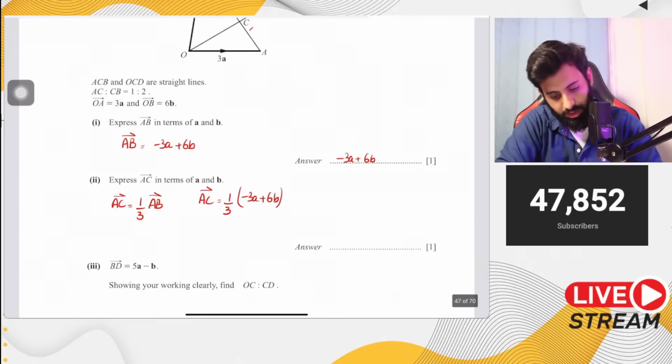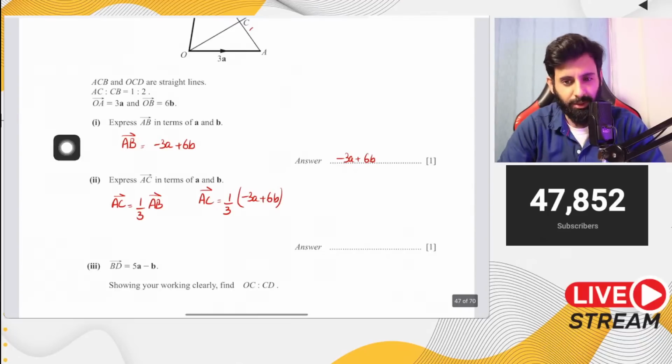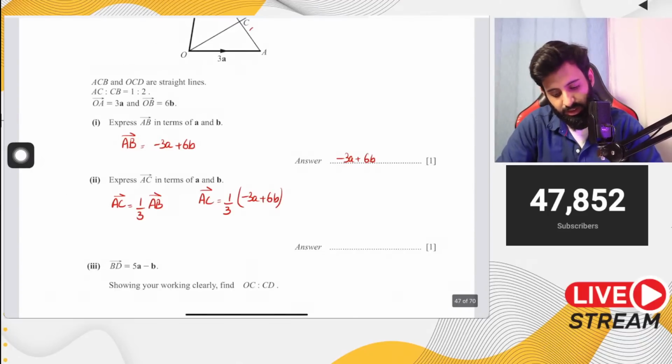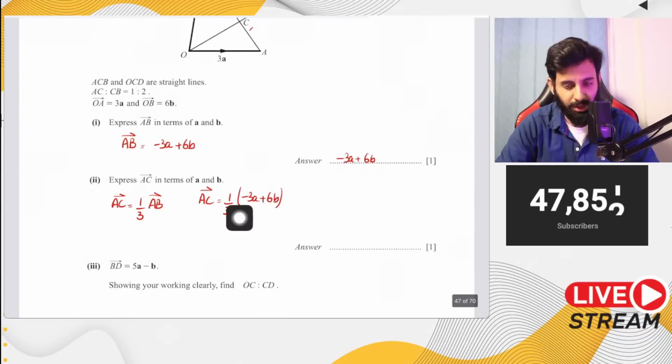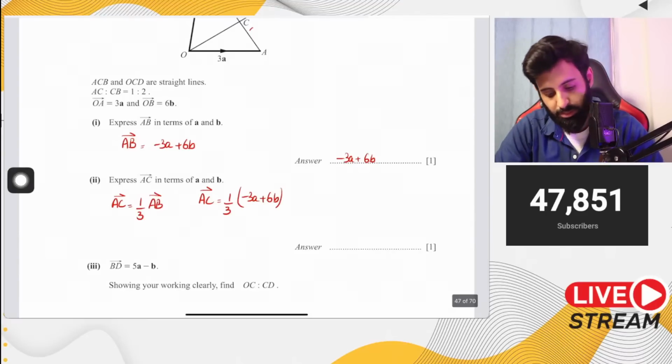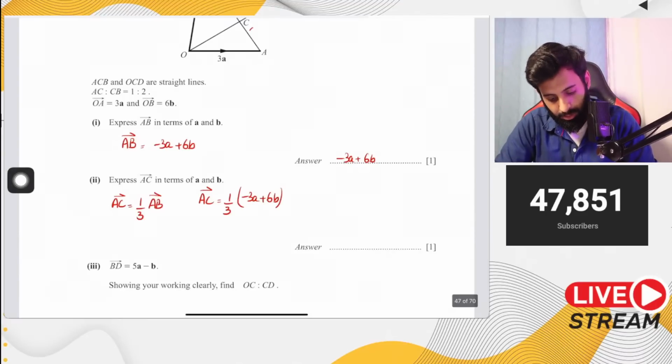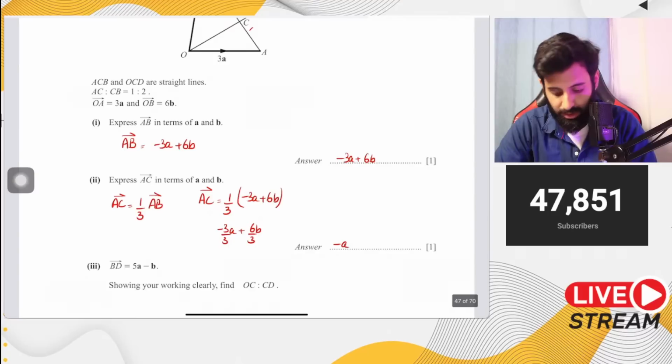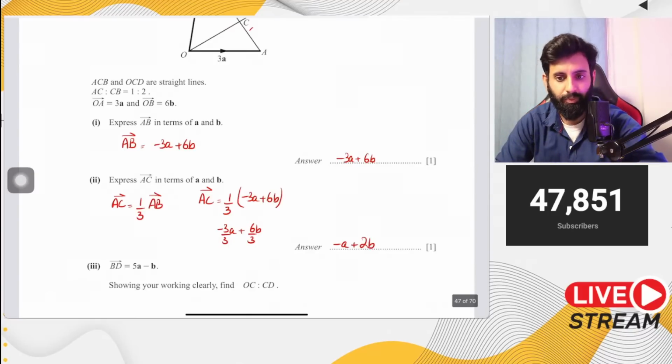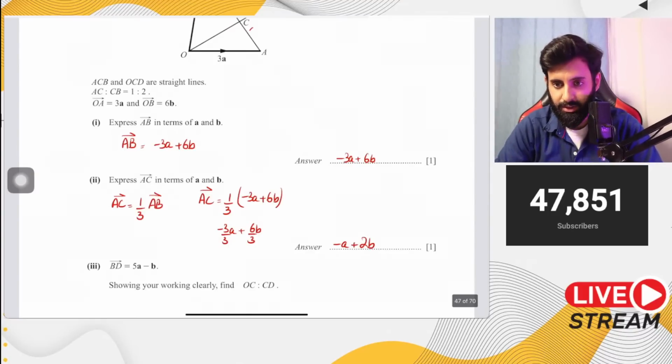Now, does the question say that you have to simplify? No, it doesn't. But since minus 3 and 6 are both multiples of 3, my advice is that you should simplify. So minus 3 upon 3a plus 6 upon 3b, which means minus a plus 2b. So there you go, that's your answer.